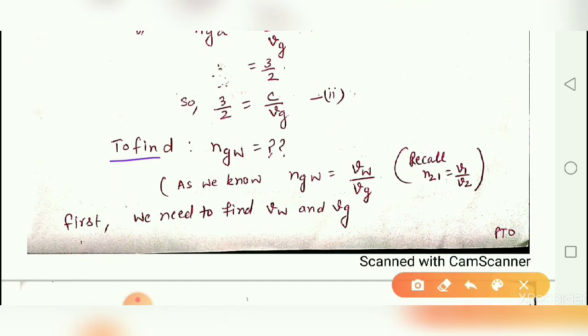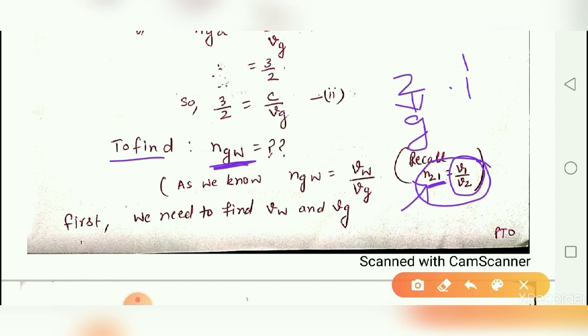Now to find the refractive index of glass with respect to water, recall this formula in which the refractive index of medium 2 with respect to 1 is V1 upon V2. So here 2 is glass and 1 is water.